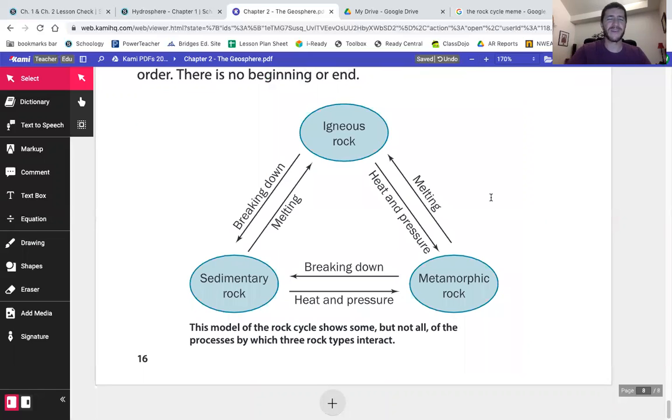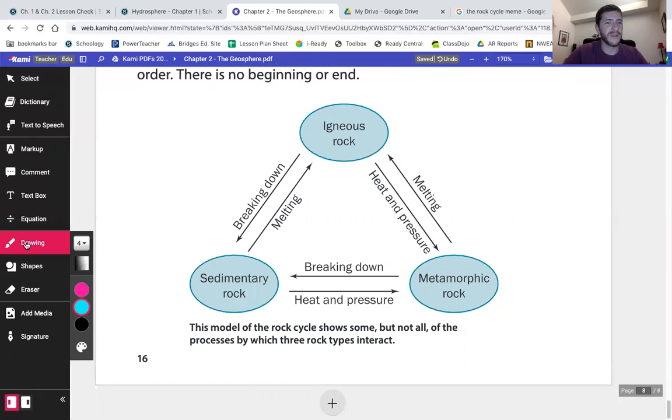But here's this. Now we have right here a little drawing. The first couple ones, we have sedimentary, we have igneous, and we have metamorphic. The middle shows what happens, how one can turn into the other. So let's go ahead and start at igneous rock.